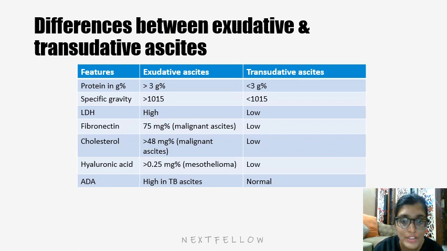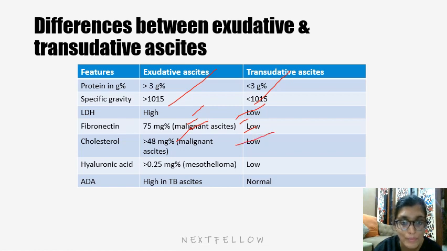So, the difference between transudate and exudate. Exudate protein is more than 3 gram, transudate protein is less than 3 gram. Specific gravity in exudate is greater than 1.015; in transudate it is less than 1.015. LDH is high in exudate, low in transudate. Fibronectin is 75 milligram percent in malignant ascites.